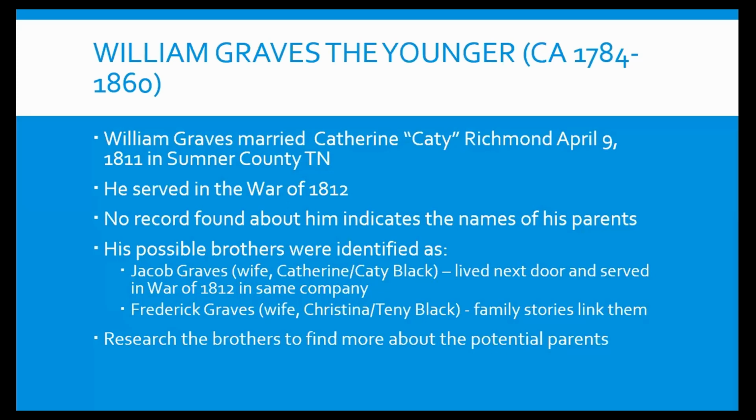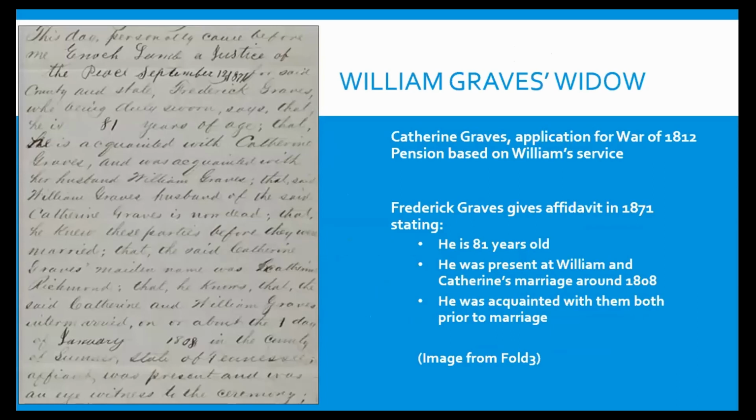So when I started researching with the idea of really researching in on these two brothers, I thought about the War of 1812. I knew that William had had a pension for the War of 1812, and I wondered if Jacob did as well. The pensions have been put onto Fold3 relatively recently for the War of 1812.